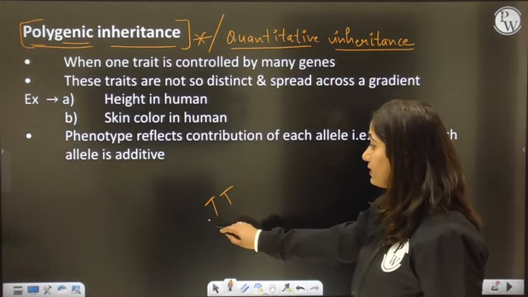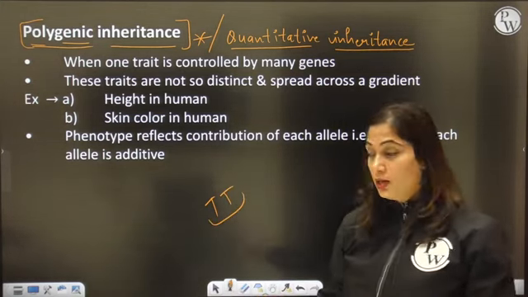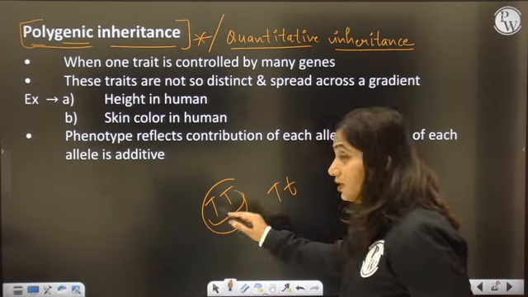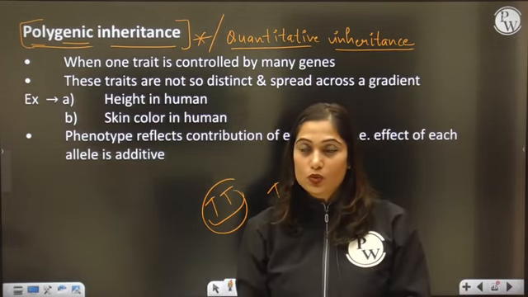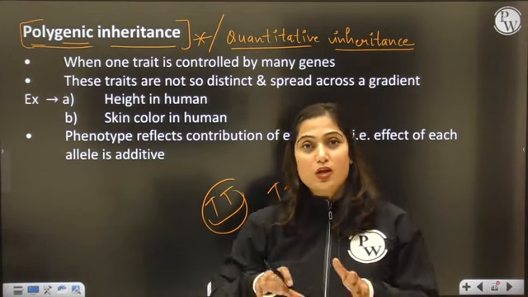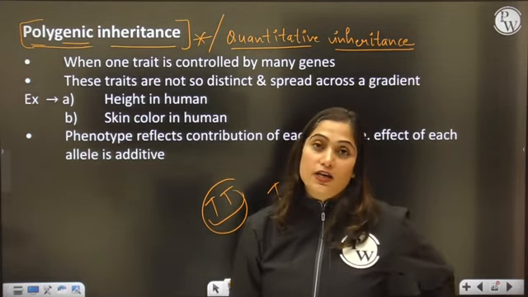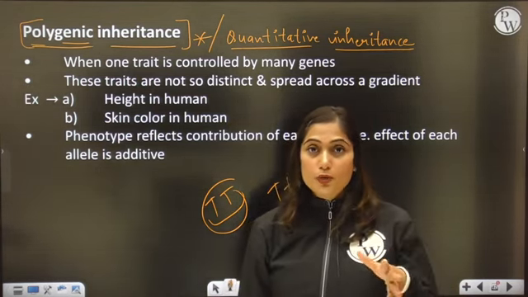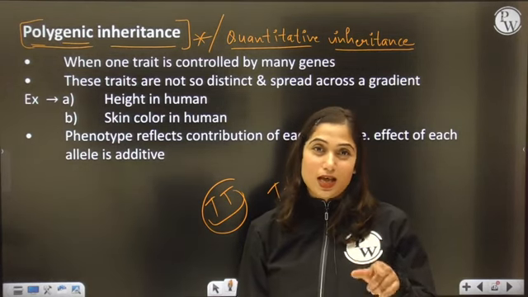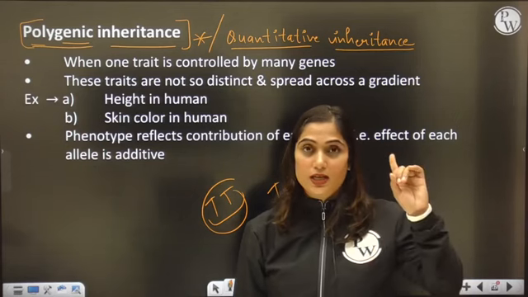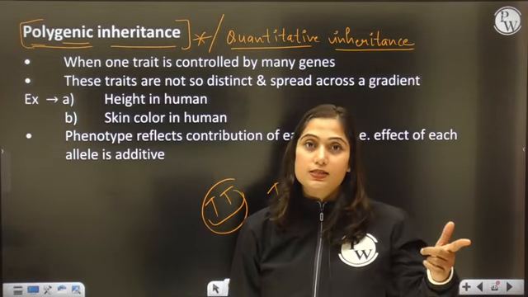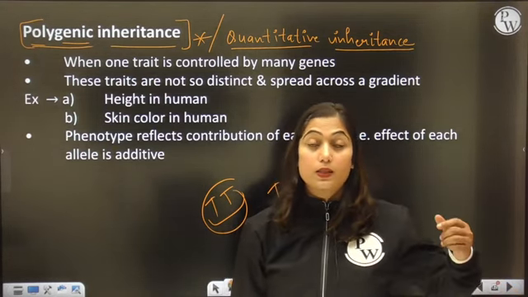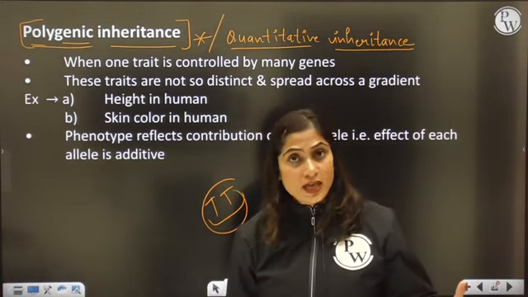In the Mendelian inheritance, capital T, capital T was also 10 centimeter tall, and capital T, small t was also 10 centimeter tall. So it is not the number of dominant alleles which was affecting the expression, but the presence or absence of dominant allele. But in polygenic inheritance, the number of dominant alleles is responsible for the intensity of the expression. The more the number of dominant alleles, the more would be the intensity of expression.